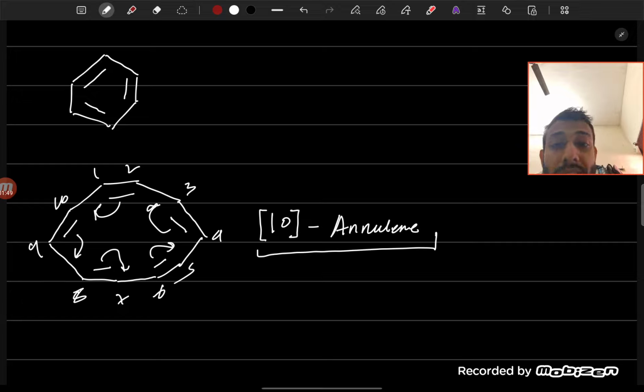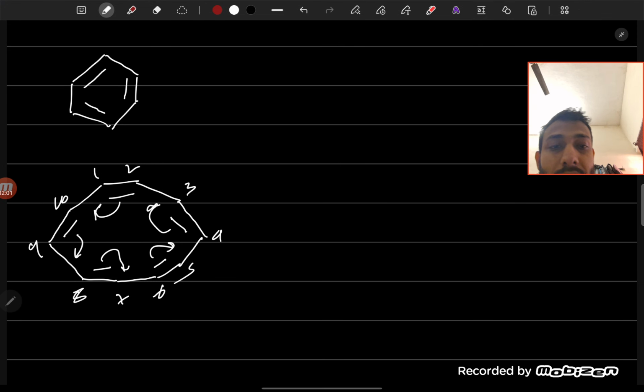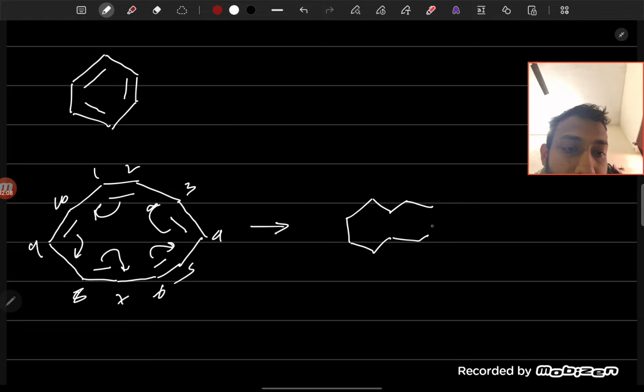But the problem here is the planarity of that compound. The compound is so large that it cannot lie in a single plane. So it gets bent and redefines its shape in such a way that it forms a semi benzene ring, but still it is not aromatic.